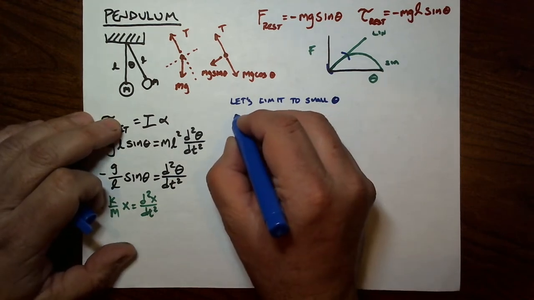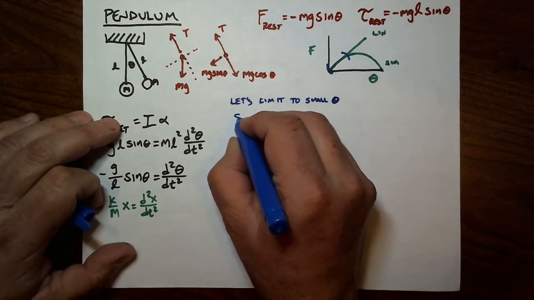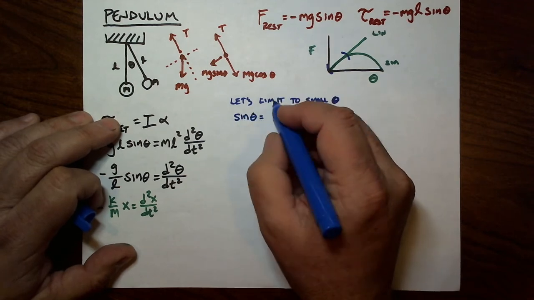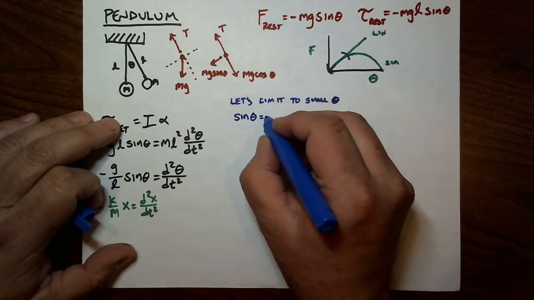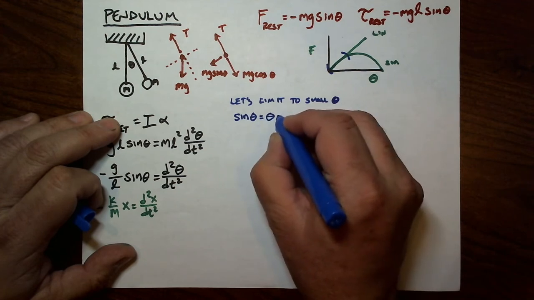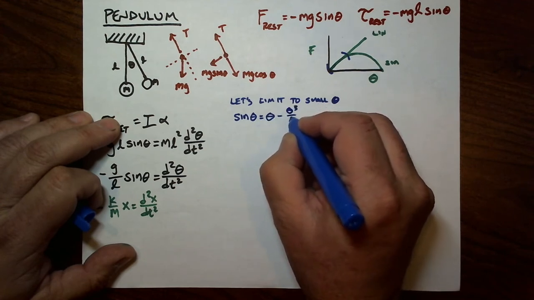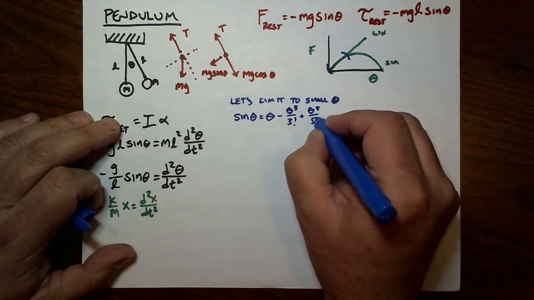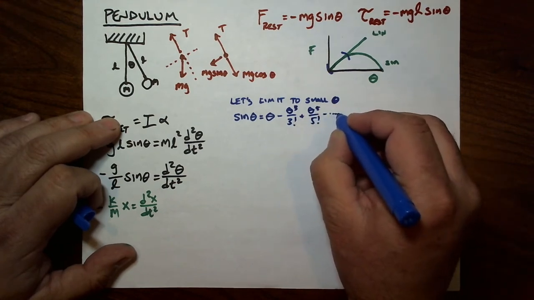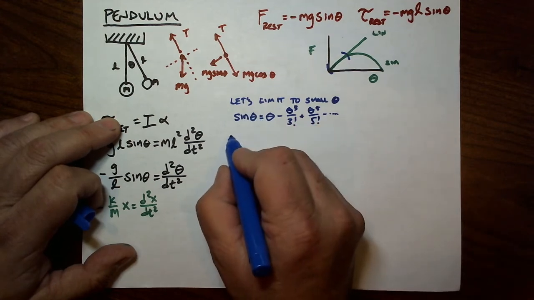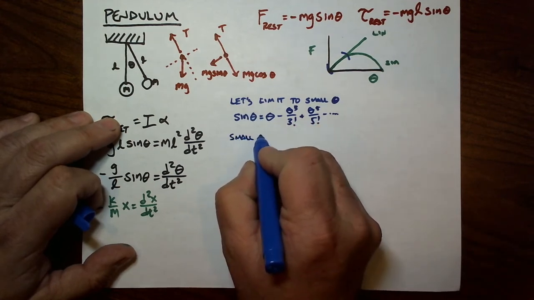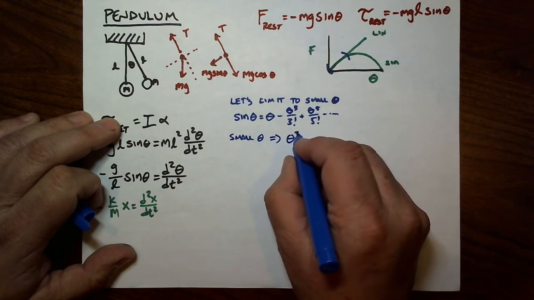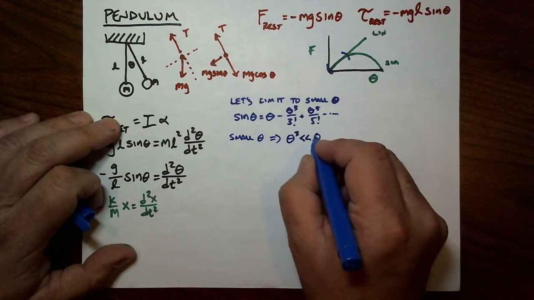Well, Taylor's theorem says that any function can be represented as a polynomial, an infinite polynomial, and the function that represents sine is theta minus theta cubed over 3 factorial plus theta to the fifth over 5 factorial, etc. But for small theta, that means that theta cubed is way less than theta.